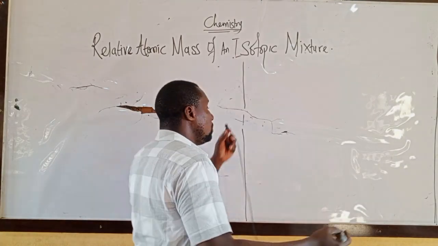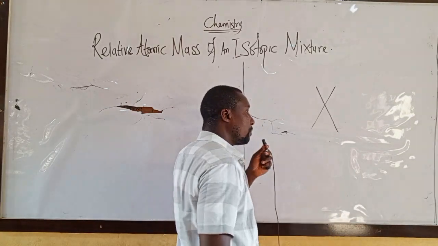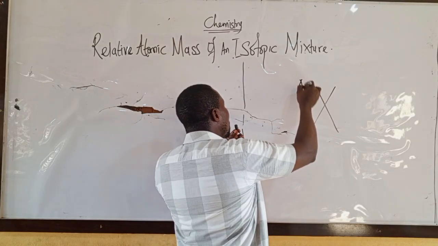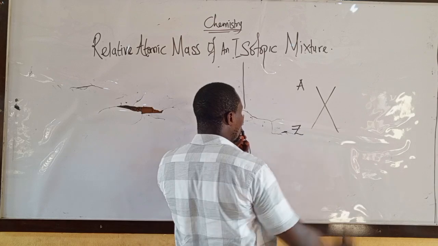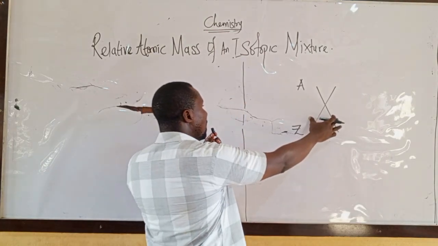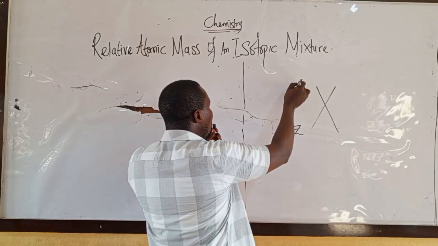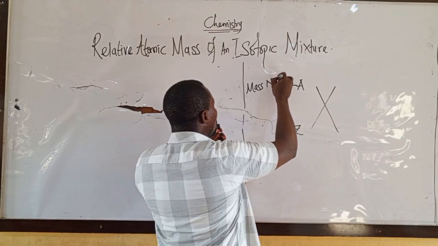You have to know the symbol of an atom. When you have atom X of mass number A and proton number or atomic number Z, A means mass number.